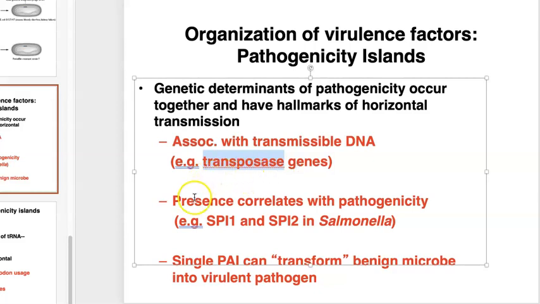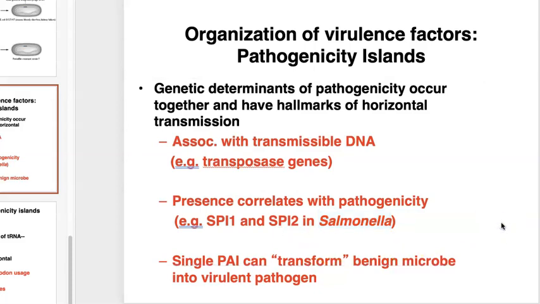An example of that is the presence of pathogenicity islands that correlates with pathogenicity, such as the pathogenicity islands SPI1 and SPI2 in Salmonella. I have talked about these already: SPI1 and SPI2 are the Salmonella pathogenicity islands that encode the various type 3 secretion systems that the bacteria use to get inside cells and survive intracellularly.